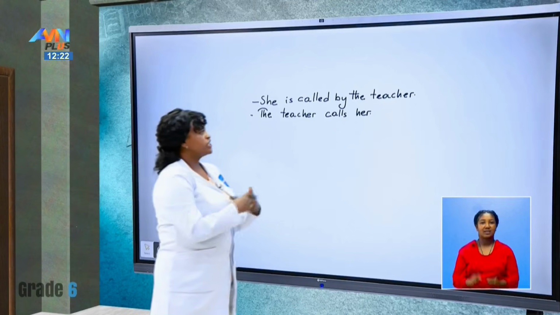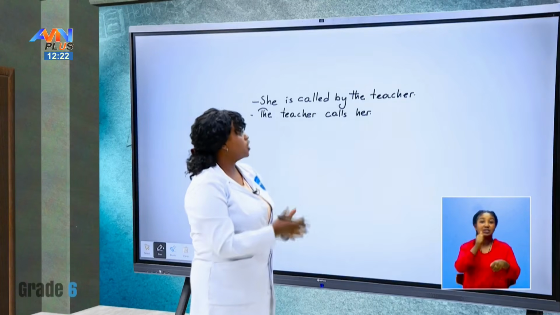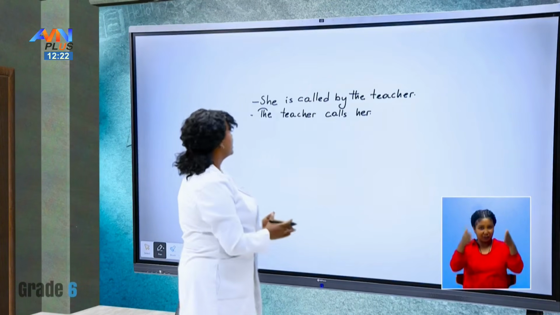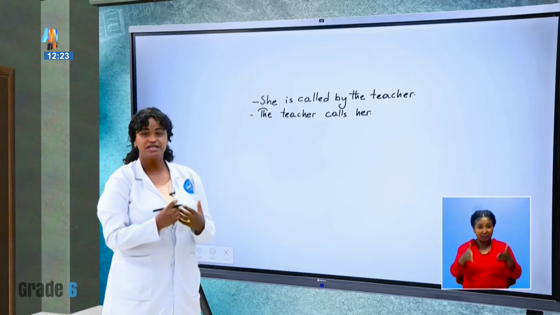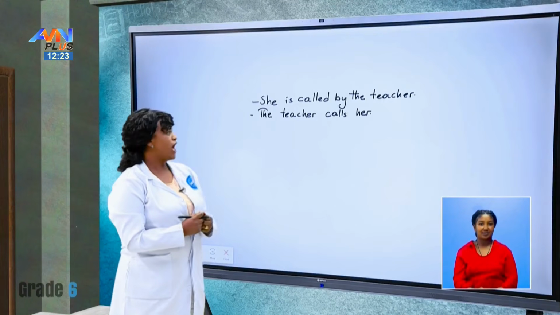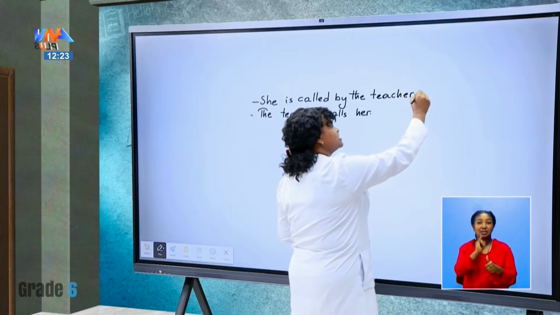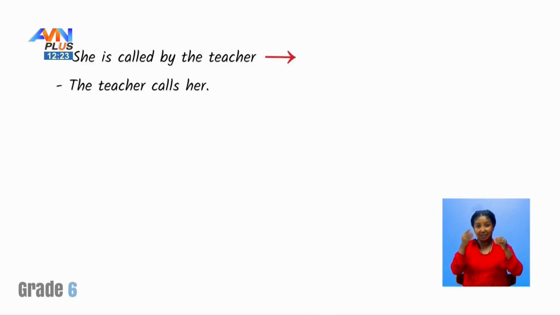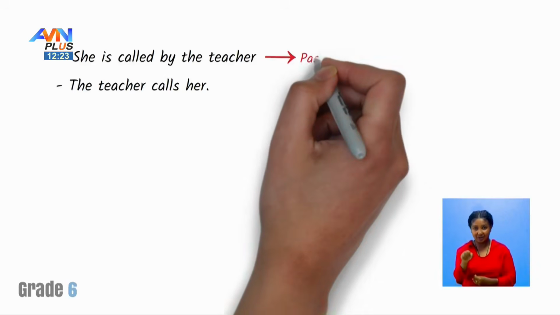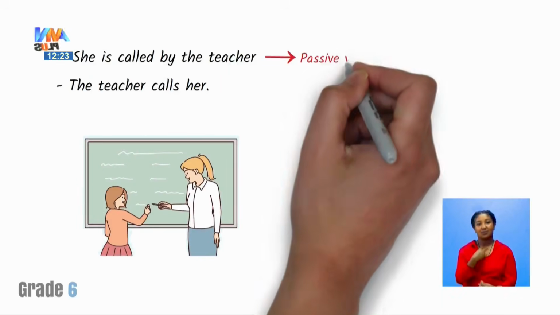She is called by the teacher and the teacher calls her. I am sure you said that the first one, she is called by the teacher, is passive voice, right? Passive voice.